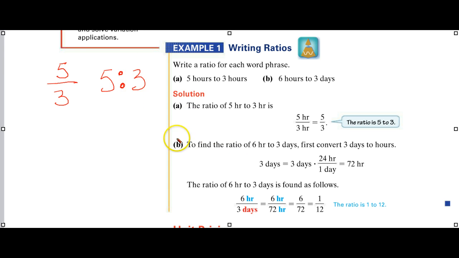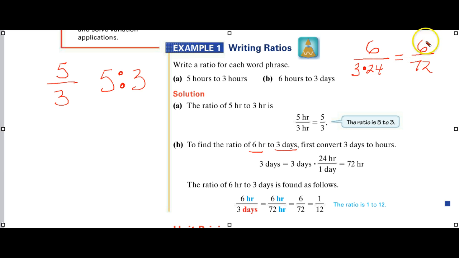Now, in example B, where it states they want 6 hours to 3 days, well, here you would need to convert the days to hours. So 3 times 24, which will then give you the ratio of 6 to 72.